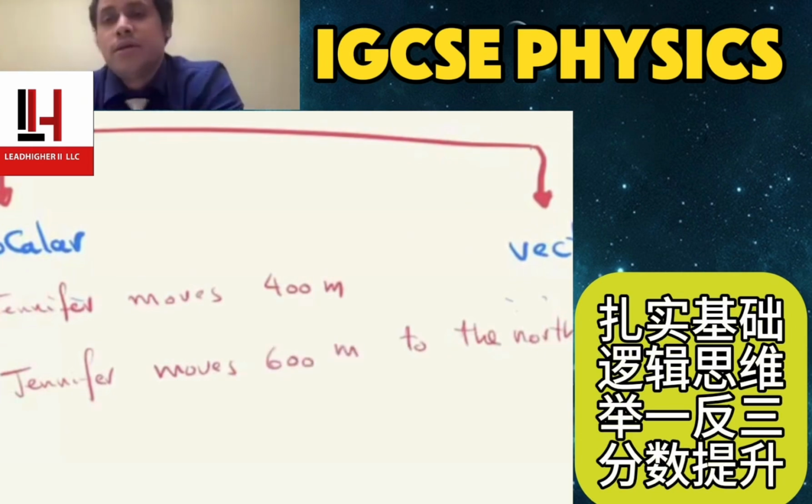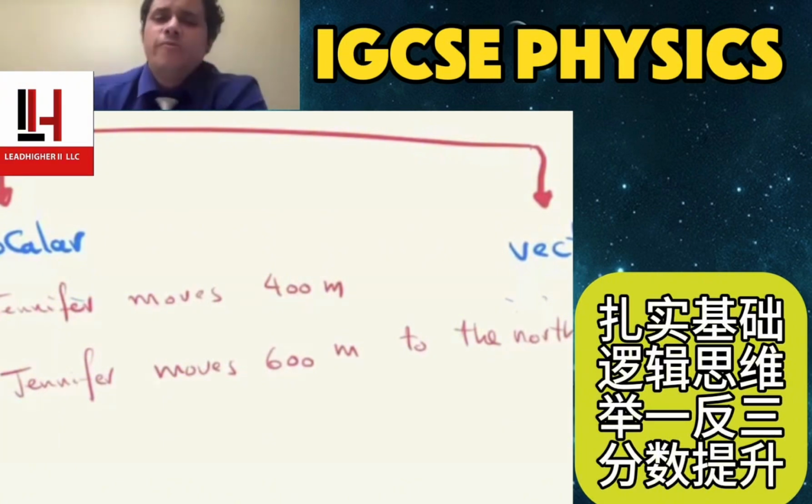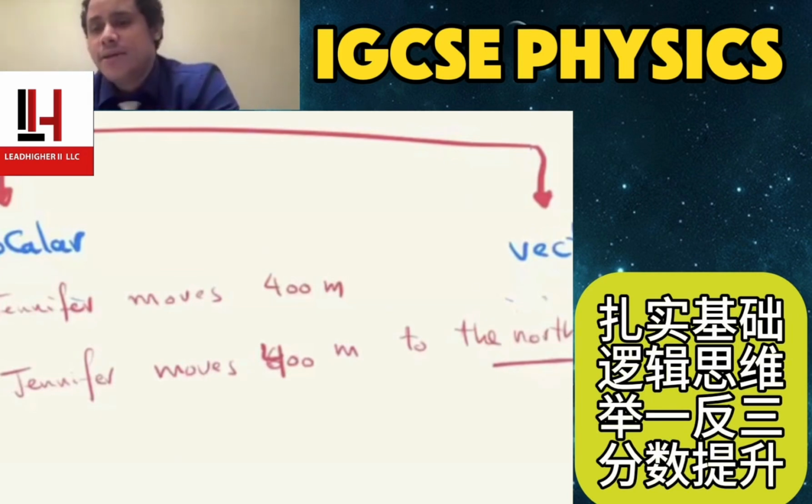What do you think? Can anybody tell me what is the difference between Jennifer moves 400 meters, and Jennifer moves 400 meters to the north? Any ideas?